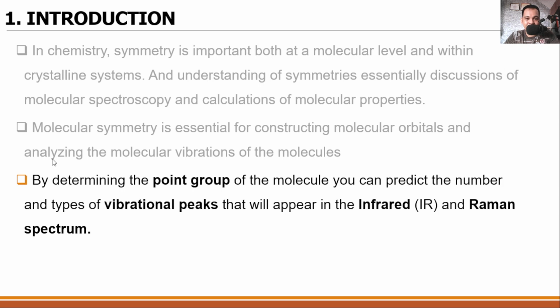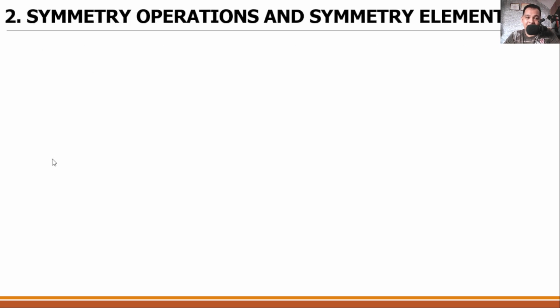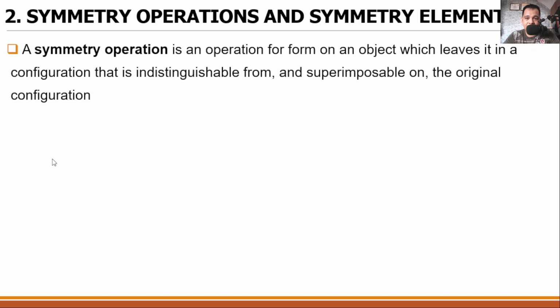But before we discuss all of that, let us go through the essential topics of our molecular symmetry one by one. First, the operations and the symmetry elements that we use. The working definition of symmetry is an operation that forms an object that leaves it in a configuration that is indistinguishable from its original configuration.